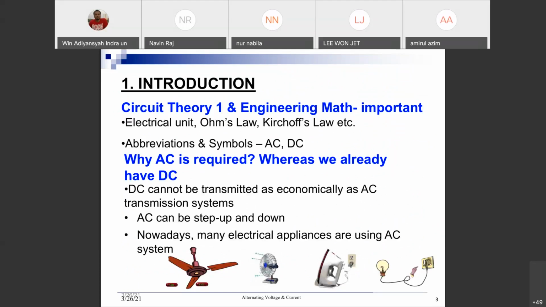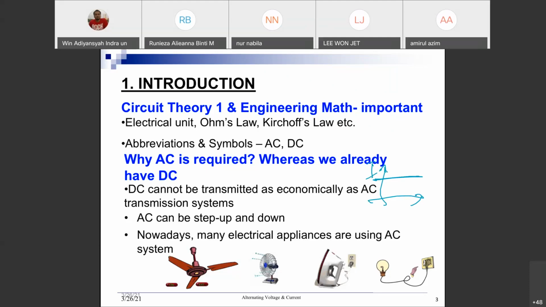I assume that you have learned all this. Why is AC required, whereas we already have DC? DC cannot be transmitted as economically as AC because DC requires very thick cable, so it cannot go very far, because the current remains constant at every time.